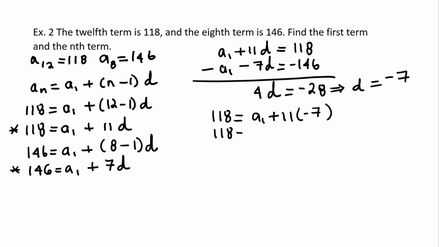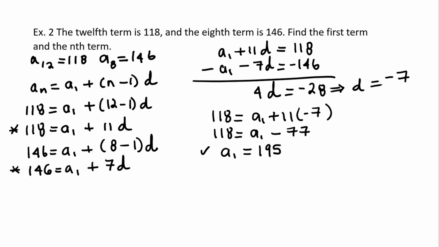So 118 equals a sub 1 minus 77. And when we solve for a sub 1, you add 77 to both sides. a sub 1 is equal to 118 plus 77, which is 195. So we found the first term.